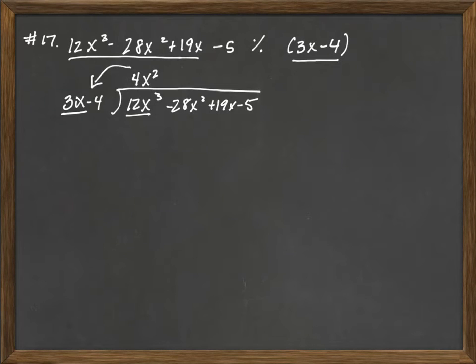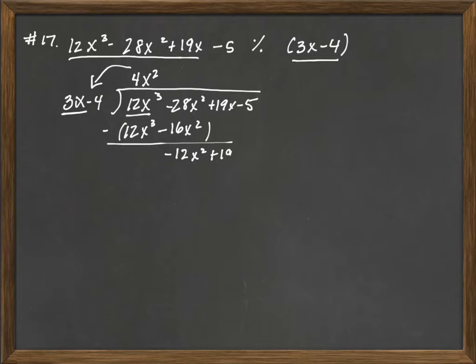Now 4x squared times that would be 12x cubed minus 16x squared. Now I'm subtracting, so I get 0 for the x cubed term, but the x squared is negative 28 plus 16. So that looks like it is negative 12x squared.